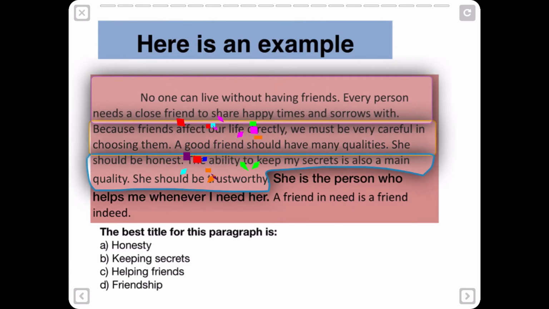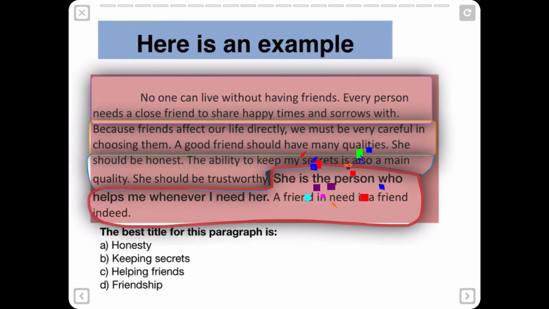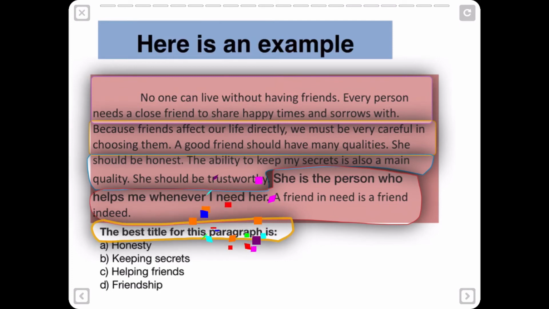She should be honest. The ability to keep my secrets is also a main quality. She should be trustworthy. She is the person who helps me whenever I need her. A friend in need is a friend indeed. So, after reading this paragraph, could you tell me what is the best title for this paragraph?